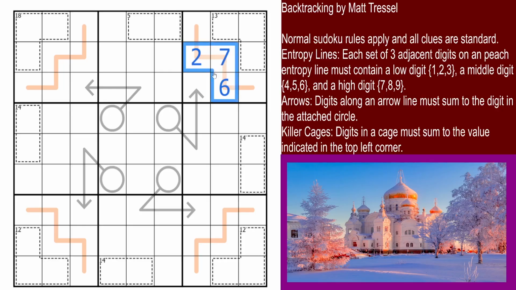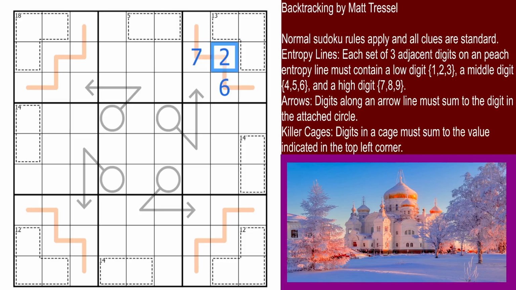Not necessarily in any order. So that could be a high digit and that could be a low digit, that is fine. But any 3 continuous digits should contain digits from these 3 different groups. For example, this cannot be 3, because there is no middle digit in these 3 continuous digits. You only have 2 low digits and 1 high digit, but no middle digit. So that is not enough. If you add 6 here, now this is a valid sequence.